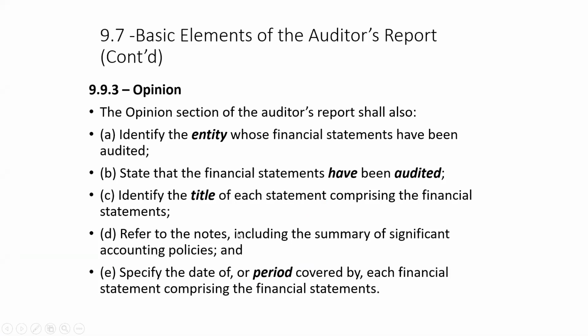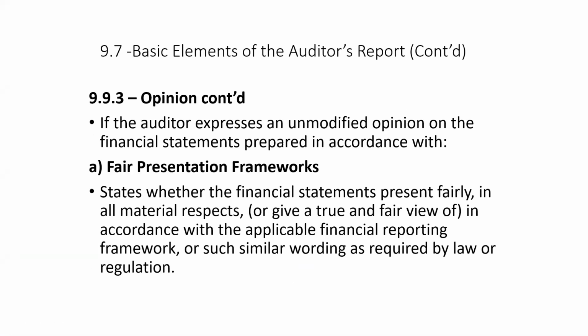It also refers to the notes, including the summary of significant accounting policies. It also specifies the dates of the period covered by each financial statement. And the auditor now expresses the unmodified opinion. Remember, I told you that in an unmodified audit report, the auditor expresses an unmodified opinion.